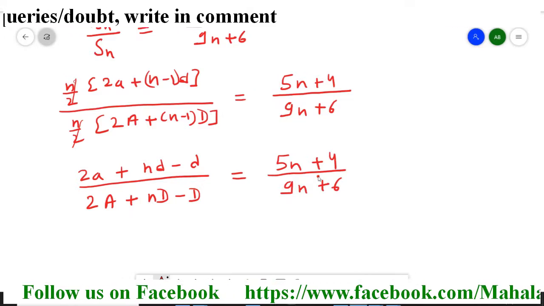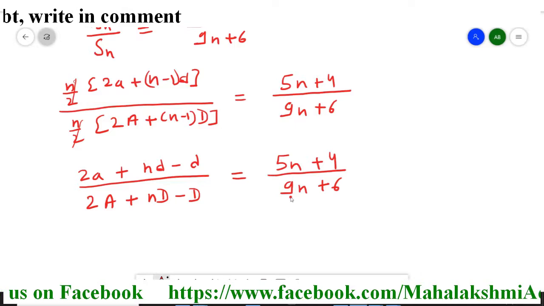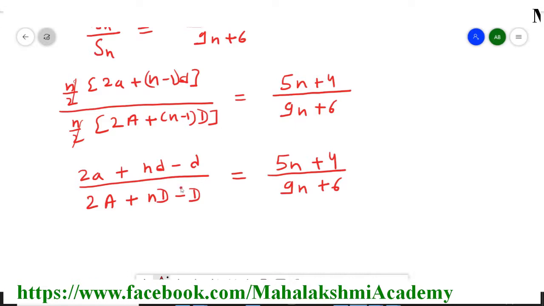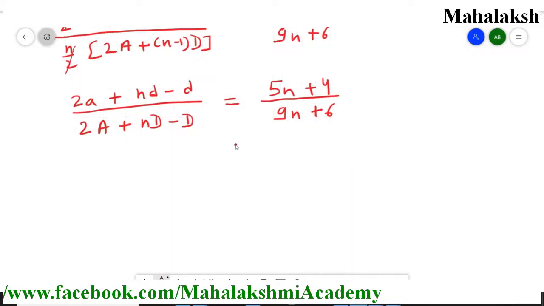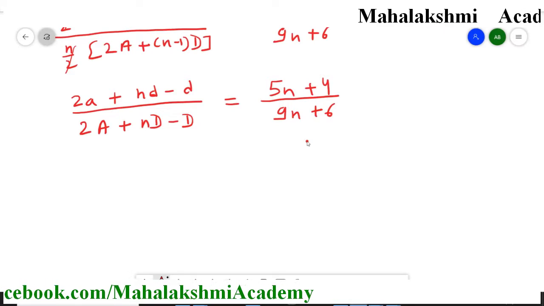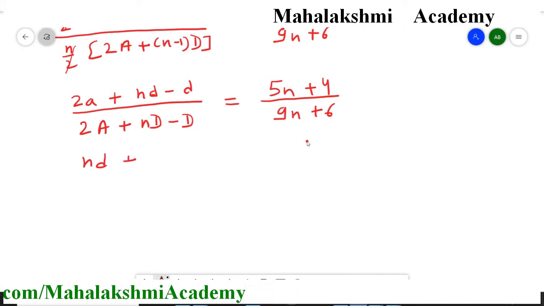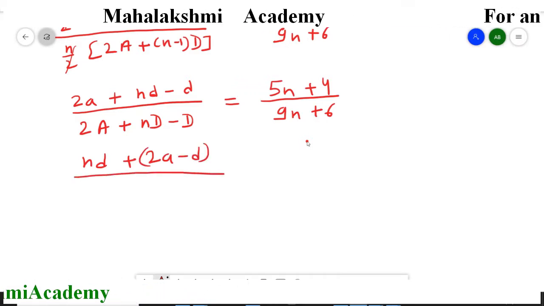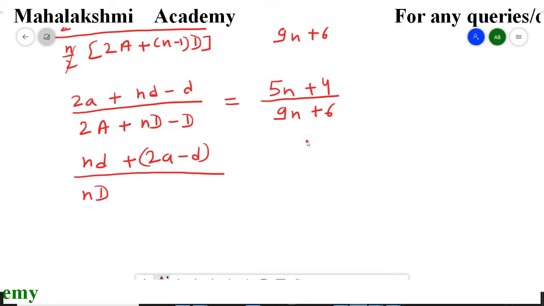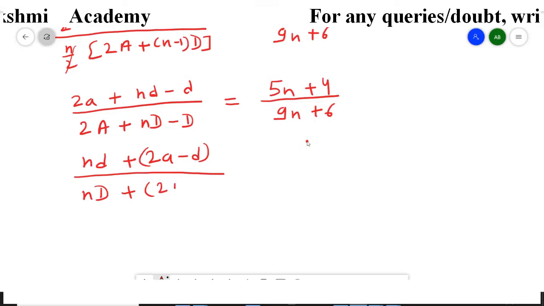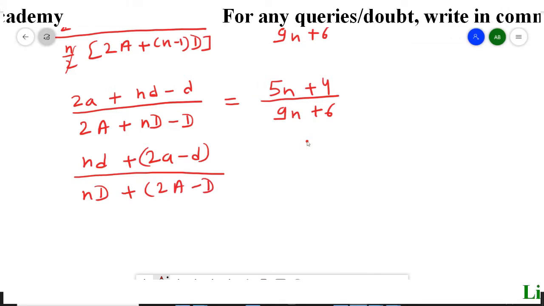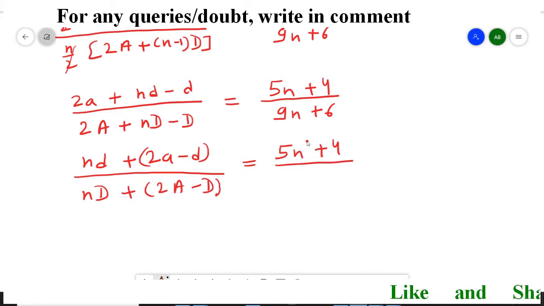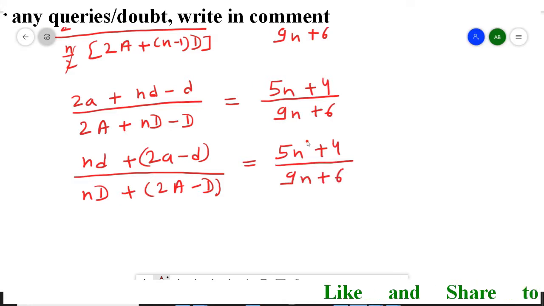On the right side the n term is in the first position, so I am going to write nd first here also, and shift the constants to the back, to adjust it in the same pattern. It will appear like this: nd plus 2a minus d, with the bracket representing our constant term. In the same way, nD plus 2A minus D, equal to 5n plus 4 upon 9n plus 6.